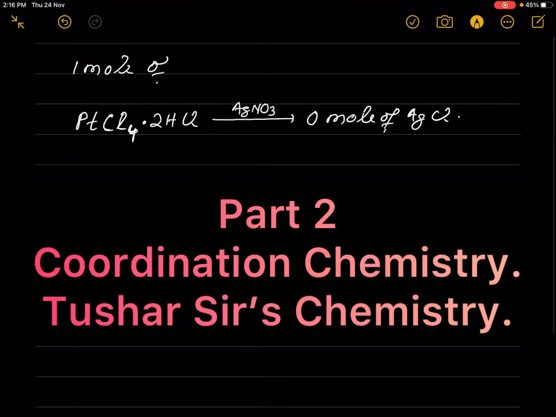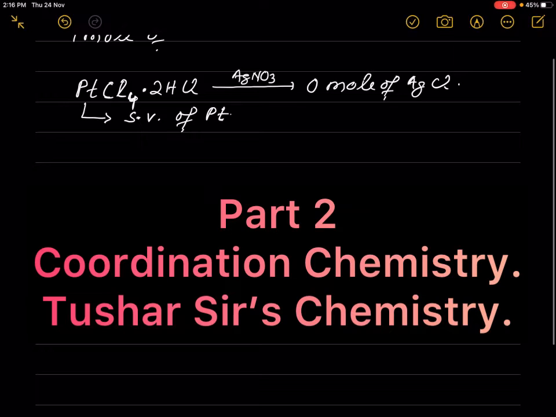Here the question is, what is the secondary valence of Pt? Since there is no AgCl precipitated out, definitely no Cl is present outside the coordination sphere as counterions.